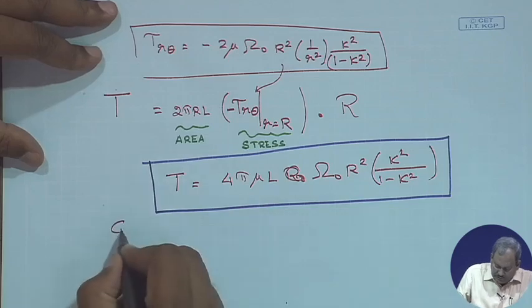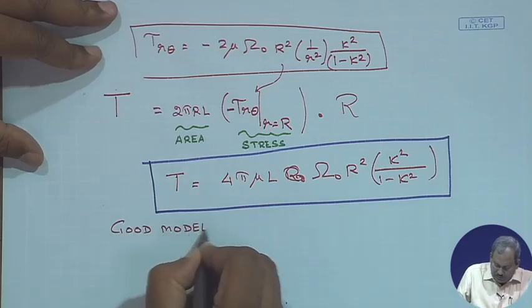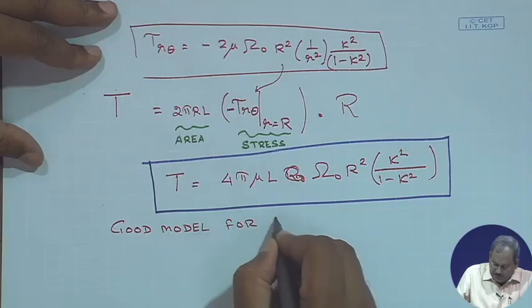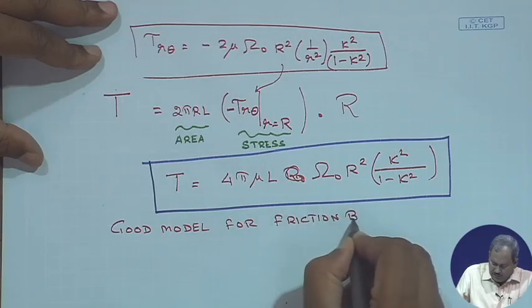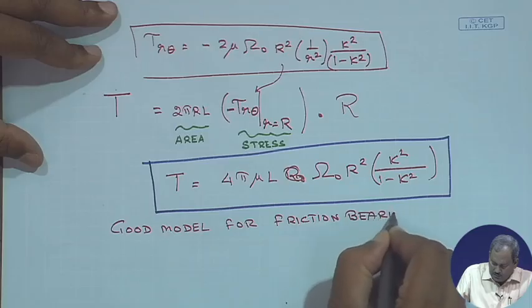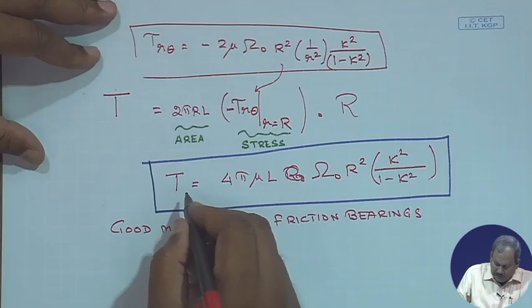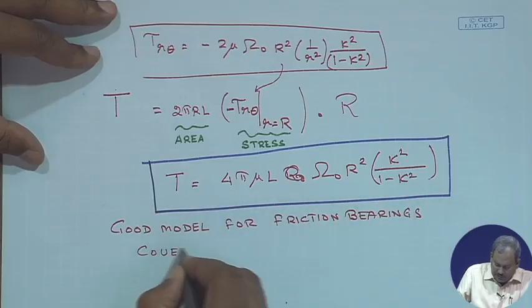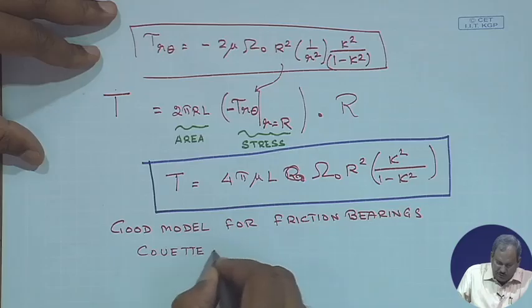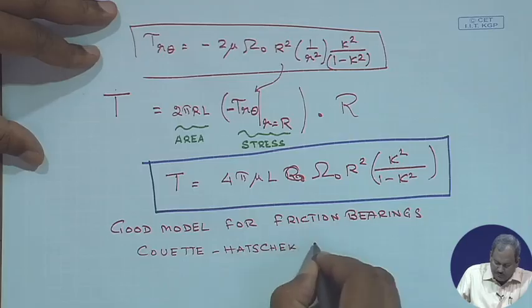So, this is a very good model for friction bearings, and the viscometers which are based on this expression or this concept are known as Couette Hatschek viscometer.